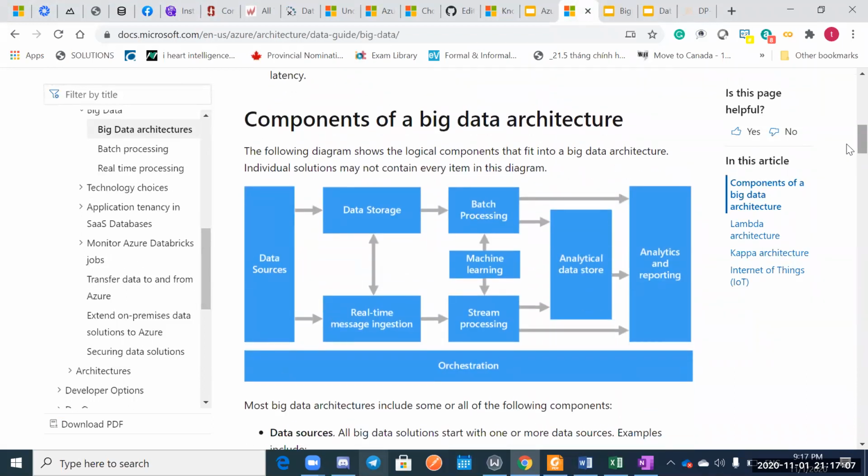Here is the big data architecture. Normally, you take the data from the data source and get it into storage. For batch processing that works, but if it's real time, of course, you don't want to store it, because that loses the point of real time. You want to process the message instantly, so you go through real-time message ingestion.